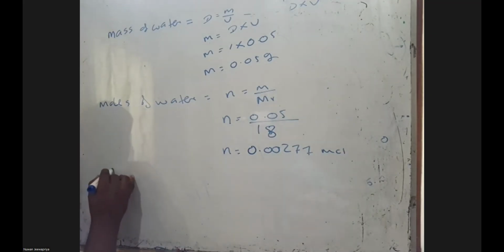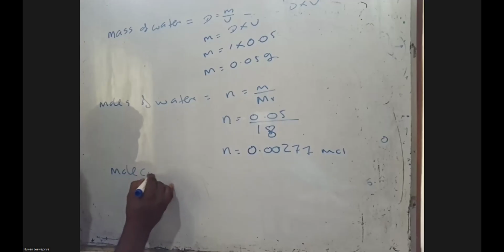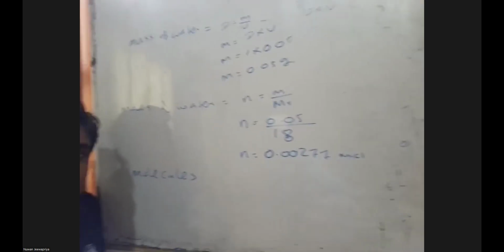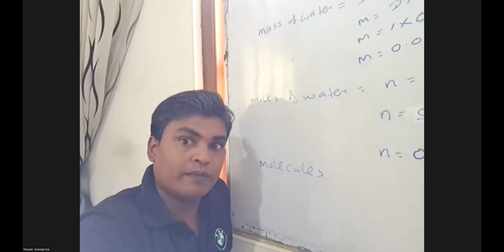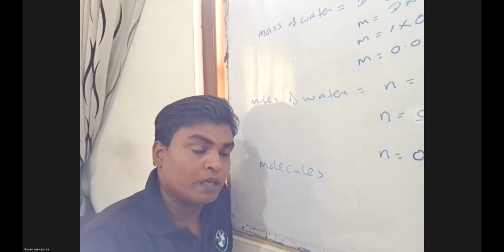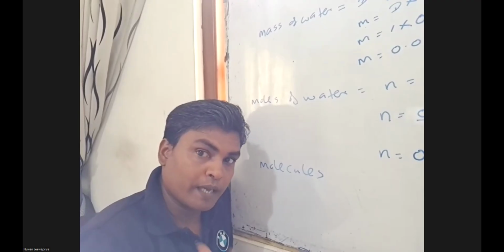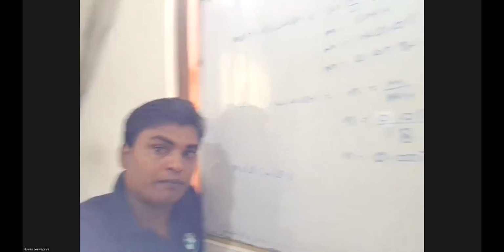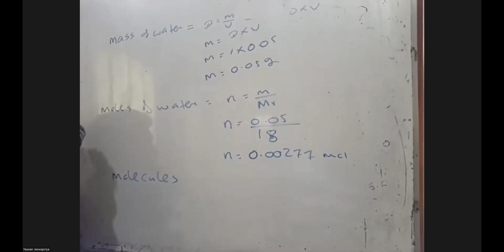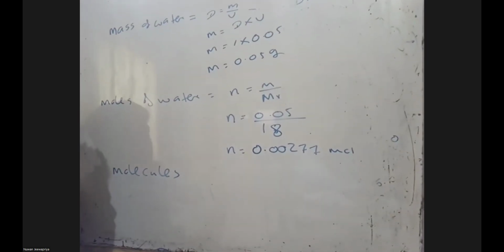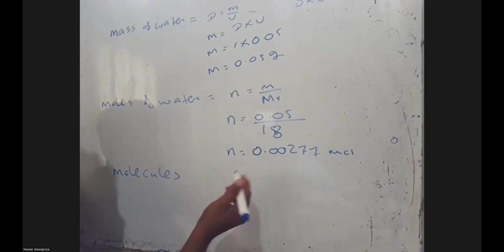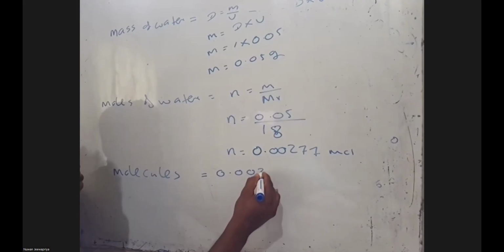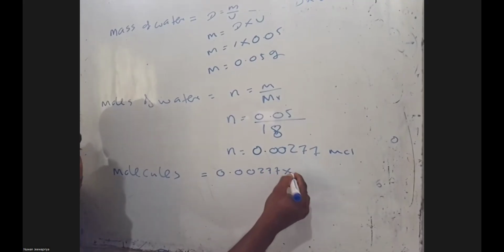They ask molecules. So how do we convert moles into molecules? When we convert moles into molecules, moles should be multiplied by Avogadro's number. So when I multiply moles by Avogadro's number, we get the molecules. 0.00277 is the moles.